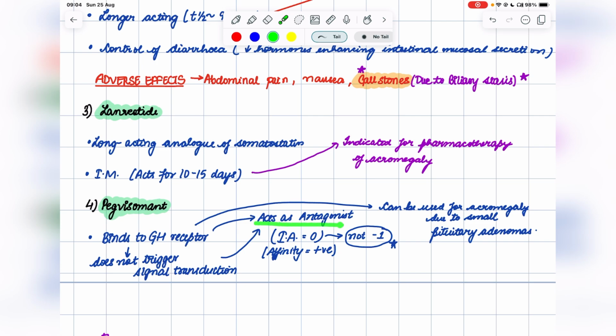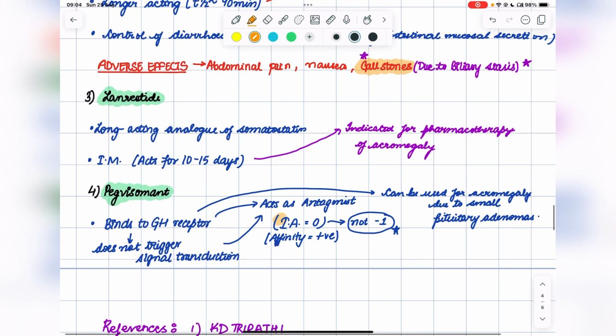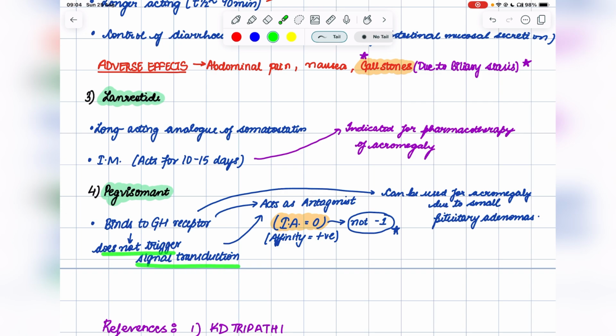It has an intrinsic activity of zero, which can definitely be a question for MCQs: what is the intrinsic activity of pegvisomant? Also, it does not trigger signal transduction. It just binds. It does not cause any positive or negative effect due to its binding. Because it binds to growth hormone receptors and acts as an antagonist, it can be used for acromegaly when there are small pituitary adenomas.